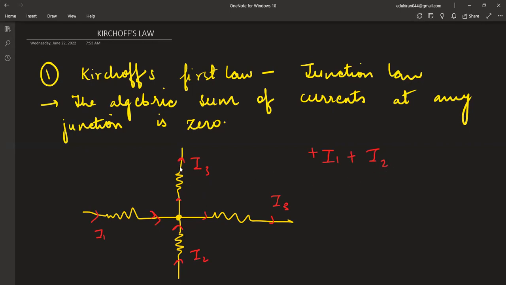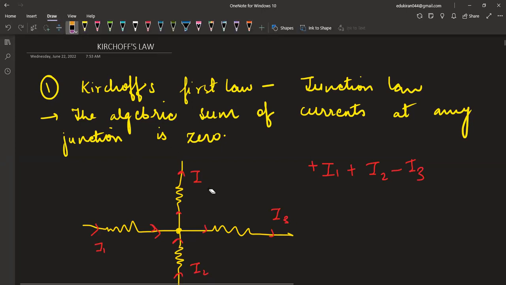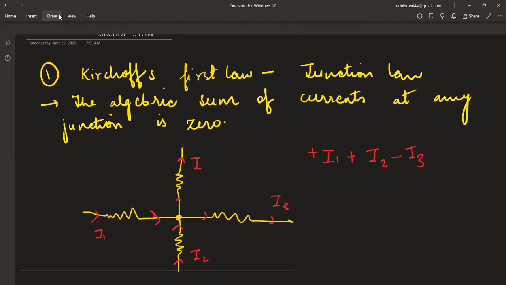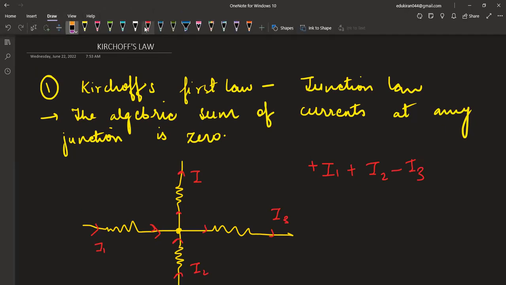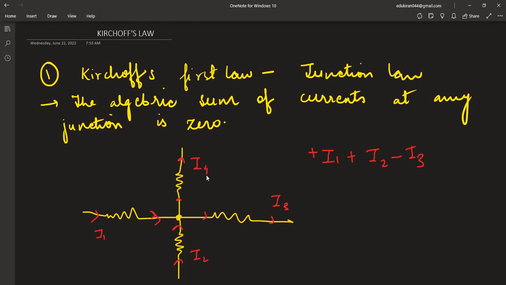If it is leaving, like this I3, this becomes minus I3. Suppose this is leaving too. I have written both of them as I3, so make one of them I4. Yes, this one is I4. So this also leaves, so this becomes minus I4. It means, you can see, the algebraic sum of the currents at any junction is zero.